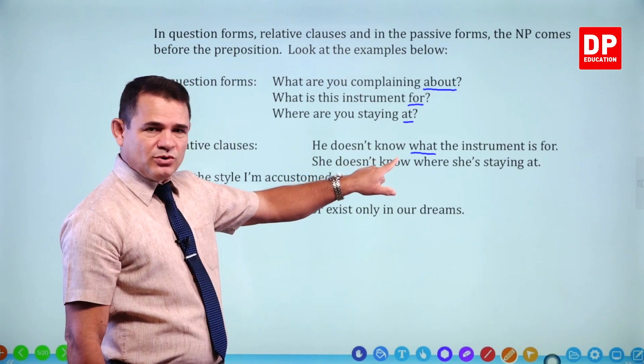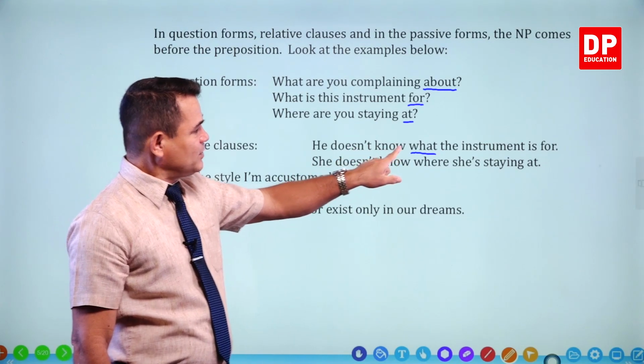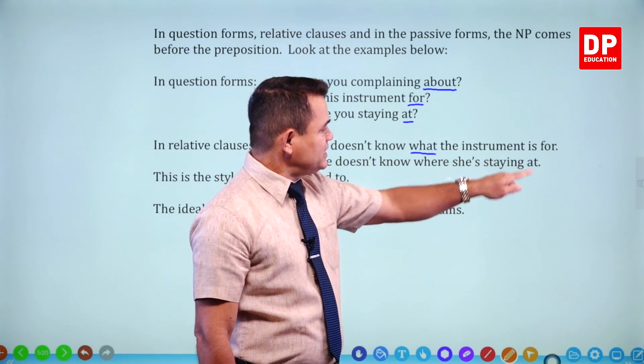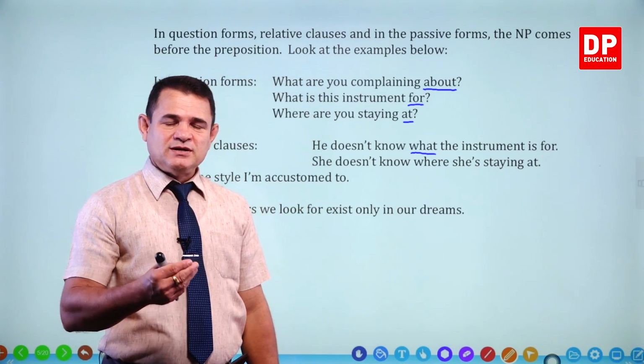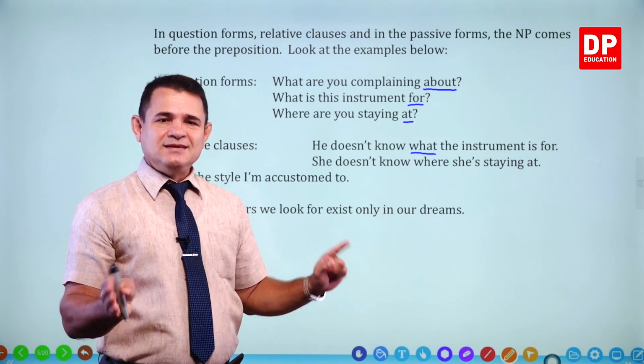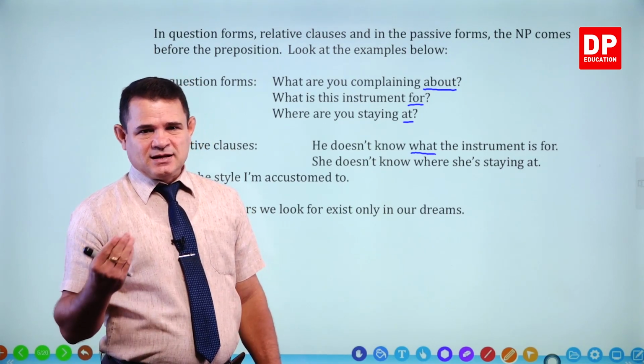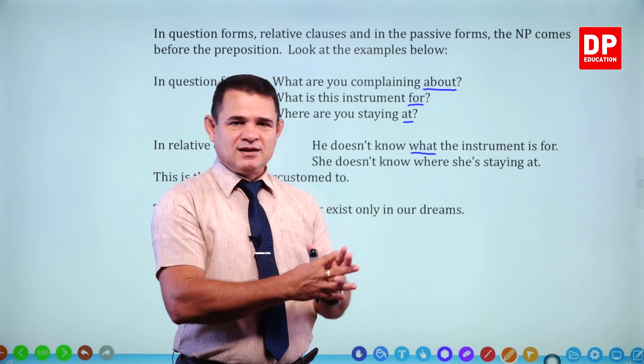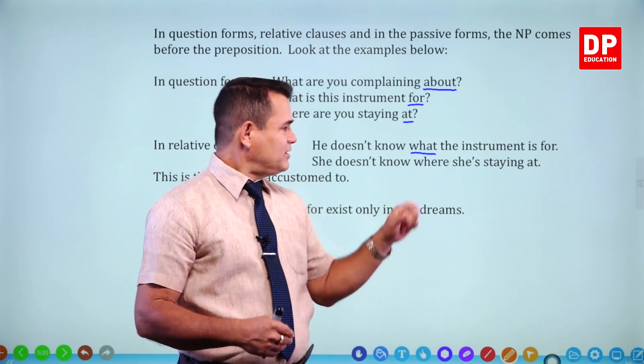He doesn't know. එයා දන්නේ නැහැ what the instrument is for. මේ instrument එක මොකටද කියලා. It is not a question. It is a sentence. එයා දන්නේ නැහැ මේක මොනවටද කියලා. ඒ අදහස් දෙක join කරේ W.